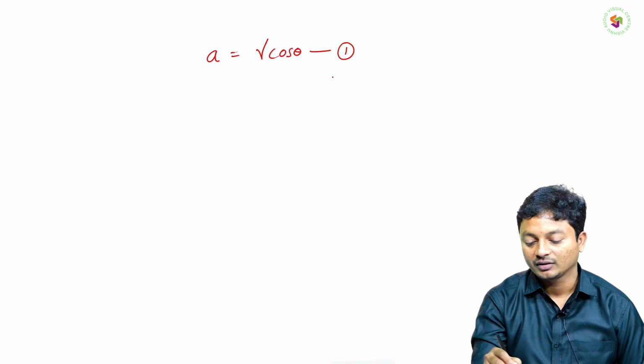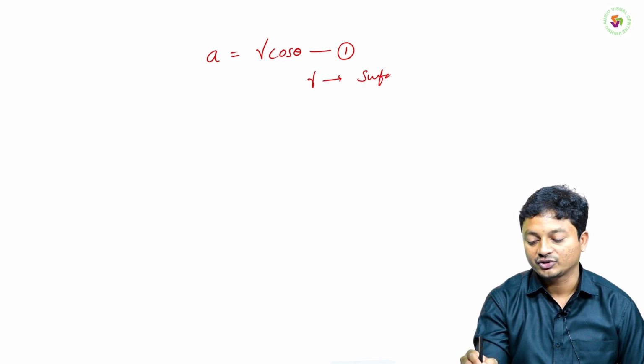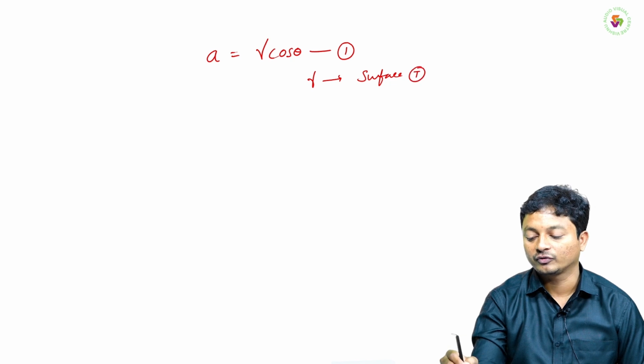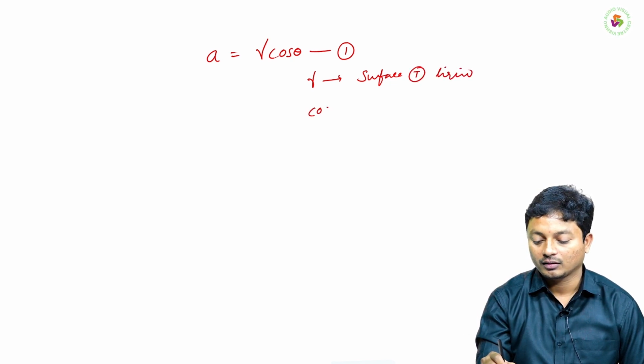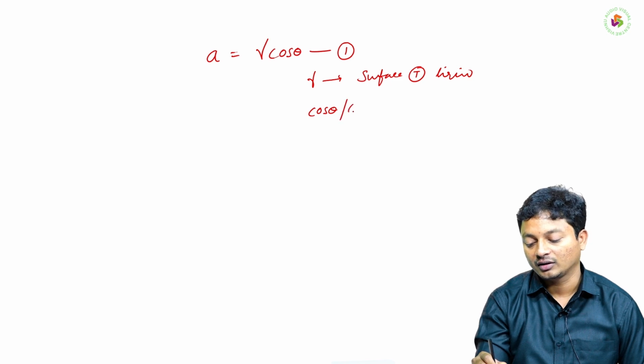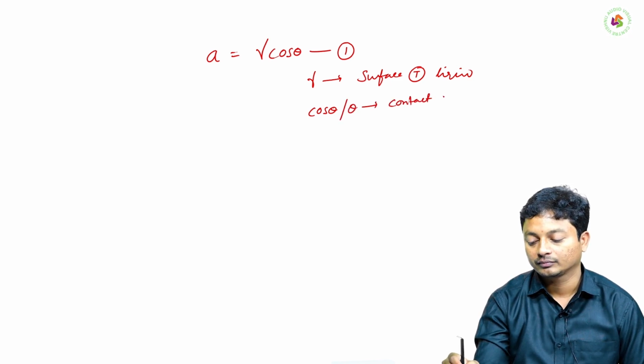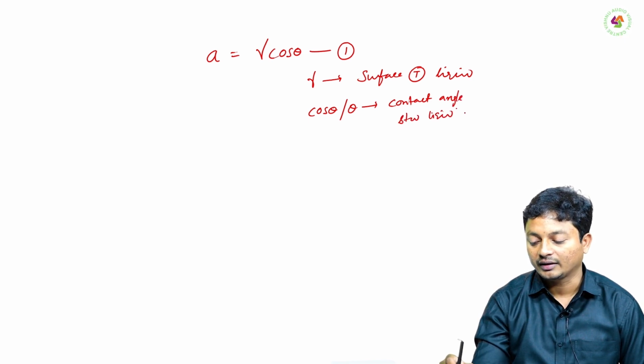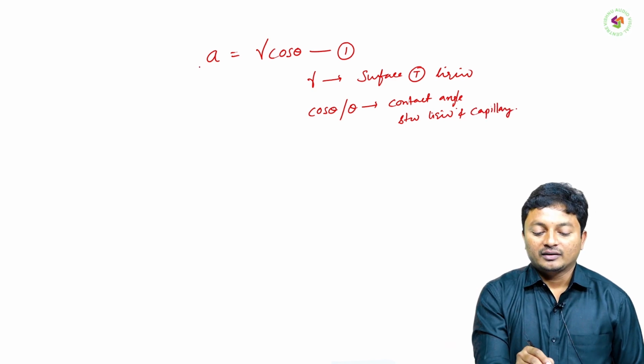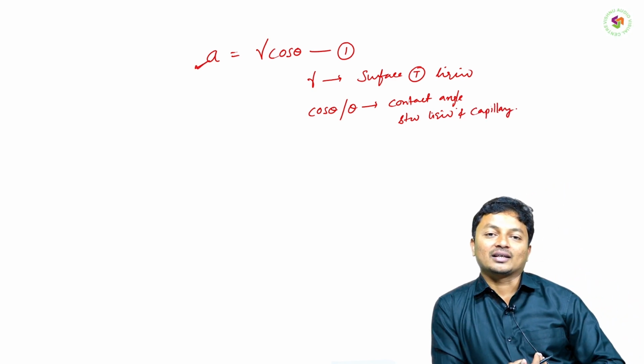In this, gamma is the surface tension of the liquid, and theta is the contact angle between the liquid and the wall of the capillary, and this is in the case of a single circumference.